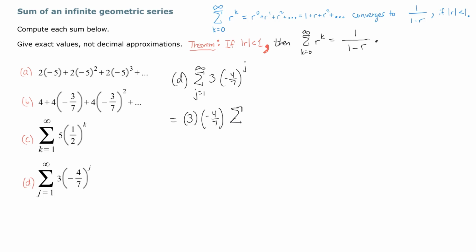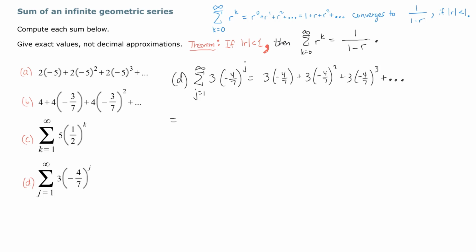I might be going too fast, so why don't I show you what I'm doing here? Let's write out the first few terms. This is 3 times -4/7 plus 3 times -4/7 squared plus 3 times -4/7 to the third power. And this never stops.